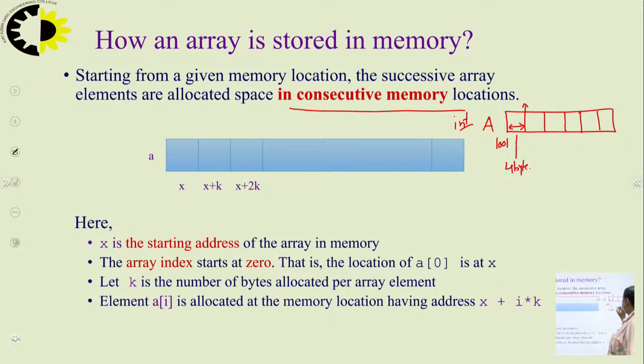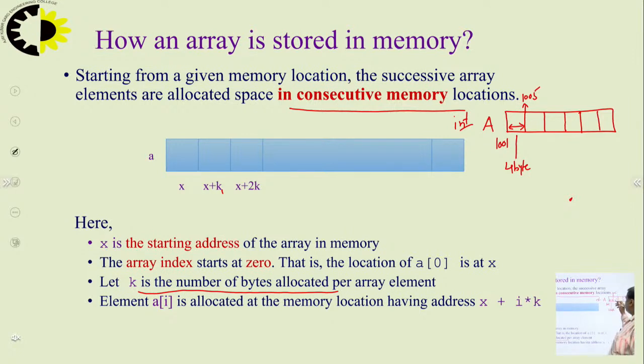So next value will be 1001 plus 4. So here this k is the number of bytes. So this will be 1005 because we have added 4, and by adding this 4 we reach the next location. 4 bytes are required to store one integer value.